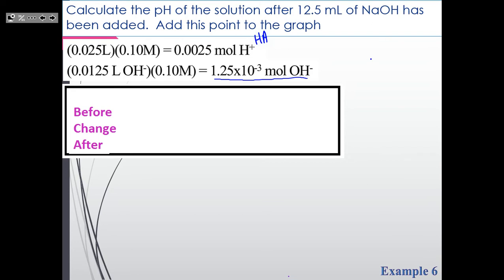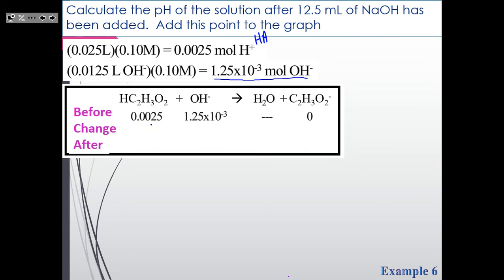My BCA table is going to be acetic acid plus OH yields H2O plus the conjugate base. Remember, that's the general form when we have this type of titration. So I'm going to plug in the moles: moles of weak acid, moles of OH, pure water, and then no conjugate base right now.